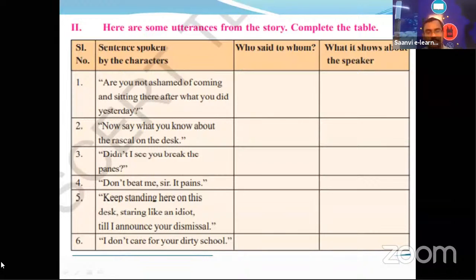And the last one. Have you all completed? I don't care for your dirty school. Who said to whom? Swaminathan said to the headmaster. What does it show about the speaker?